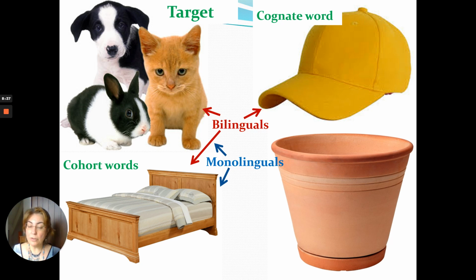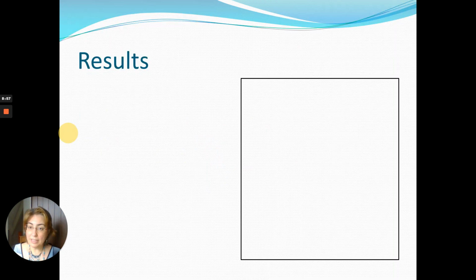Okay, so monolinguals pay attention to the target and the cohort, because both of them get activated, so to speak, but bilinguals can't help, even if they are tested just in English and they are told, look, this is English, but they can't help looking at cognates in their other language. Right. So what does this mean?